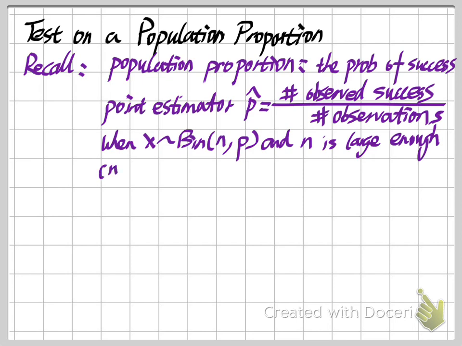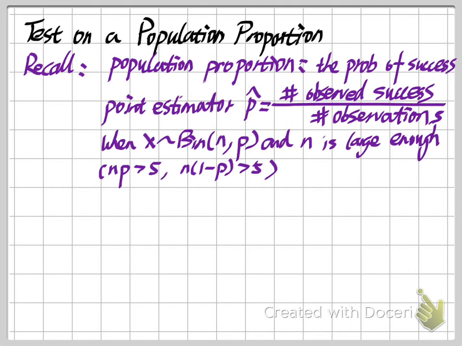In our case, if n times p is larger than 5 and n times (1 minus p) is also larger than 5, we think n is large enough.